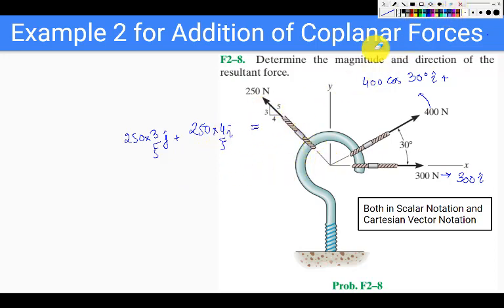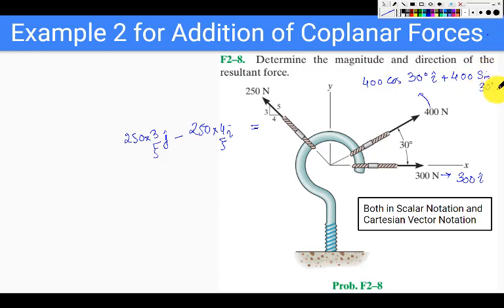Here both of these components have to be positive, so I say 400 sine of 30 degrees.